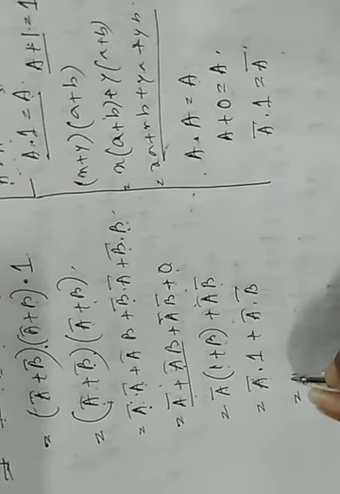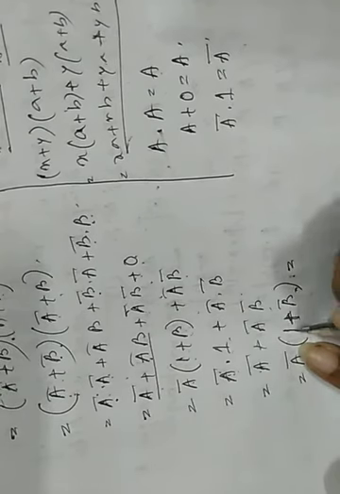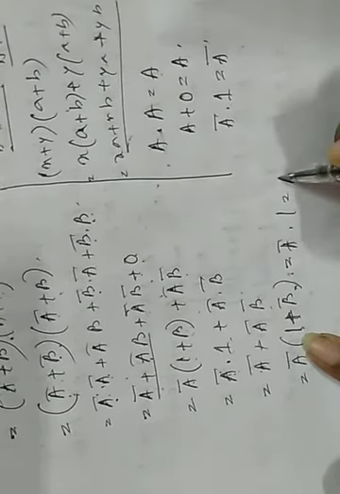So it is a bar dot 1, which means a bar, plus a bar dot b bar. Again we can take common a bar, 1 plus b bar. Again 1 plus b bar means anything plus 1 is 1, so a bar dot 1 equals a bar.